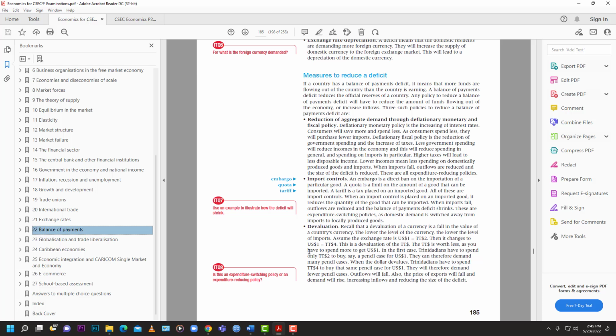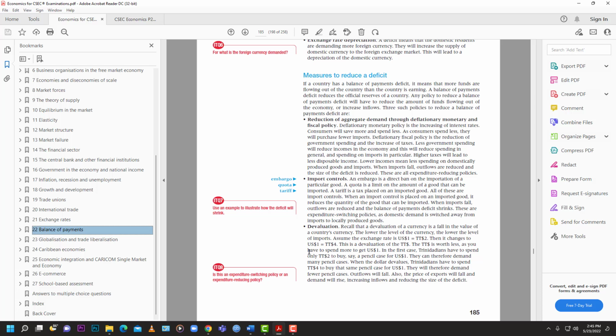That is where, based on your exchange rate system, you can use the powers to bring down the value of your currency, which would make it more expensive for persons to import goods, because all of a sudden you're going to need more of your local currency to equate to the foreign currency. So we might have needed maybe 2 dollars for 1 US. Now all of a sudden you need 4 for the same 1 US.